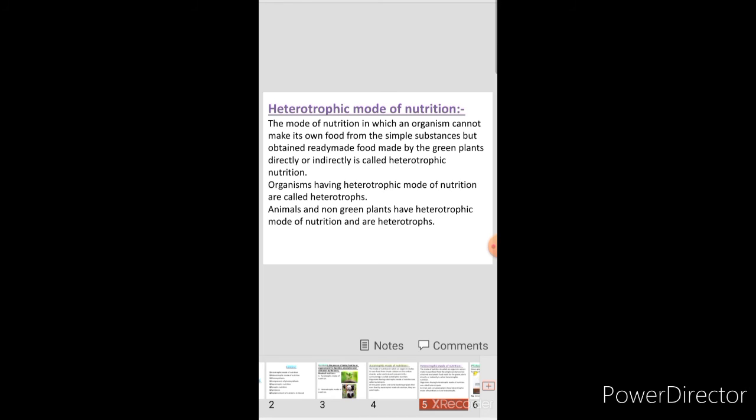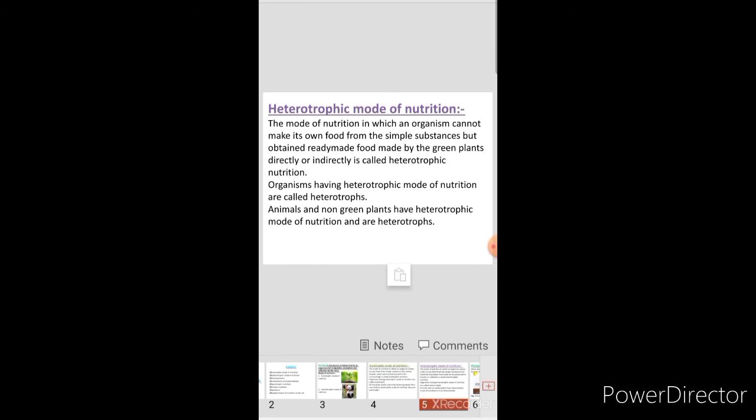Here also, the first stanza tells that heterotrophic is the mode of nutrition where organisms cannot make their own food, but they can obtain their food from whom? From the autotrophs, meaning the green plants, directly or indirectly. They do not make it themselves.